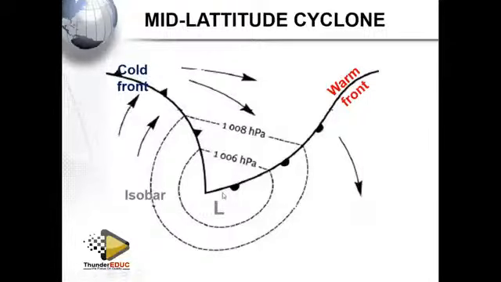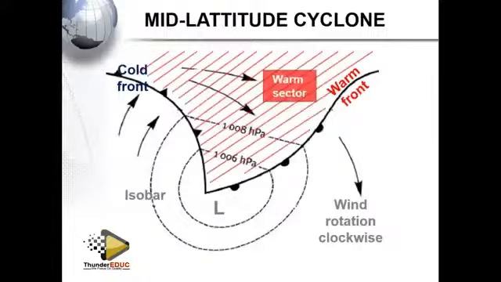So in the center, it's a low pressure, as pressure drops further down below 1000 hectopascal. These arrows represent the rotation of the cyclone, and we said in the southern hemisphere it is rotating clockwise.